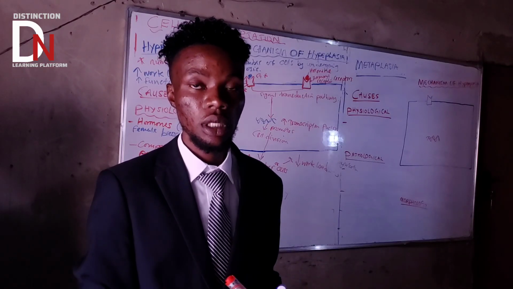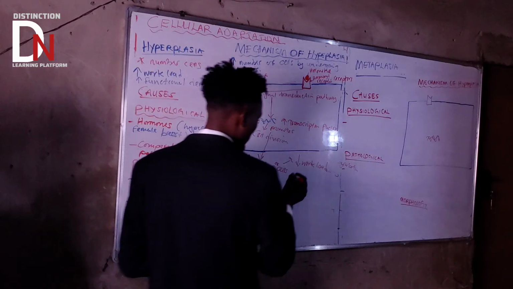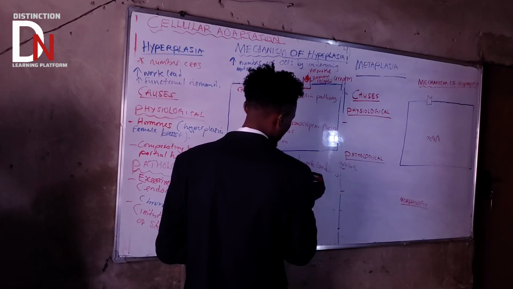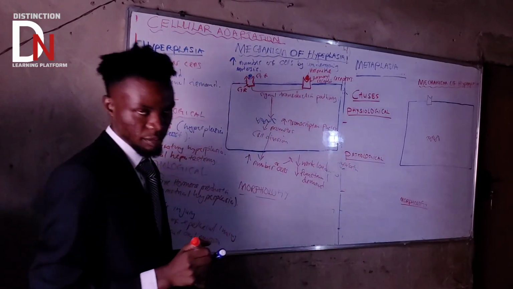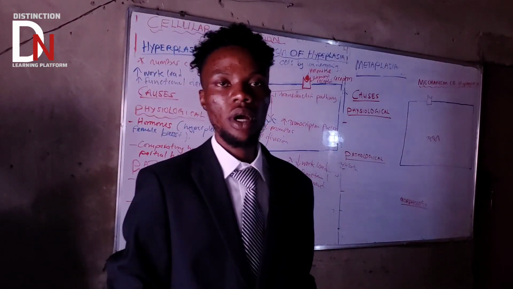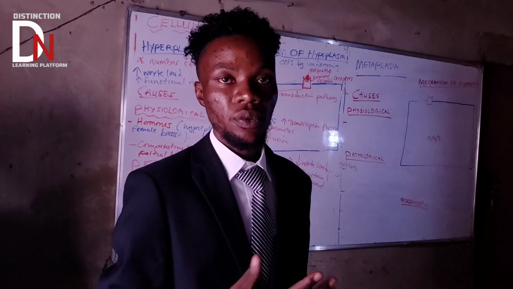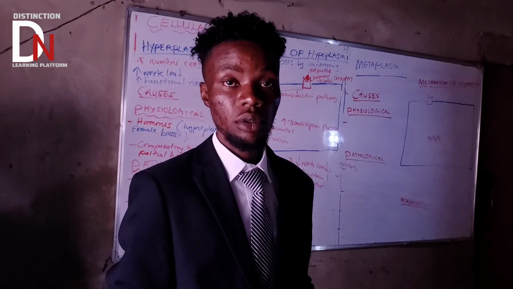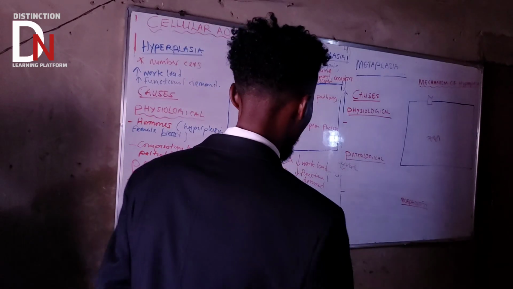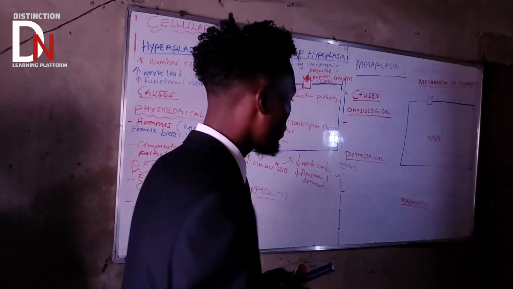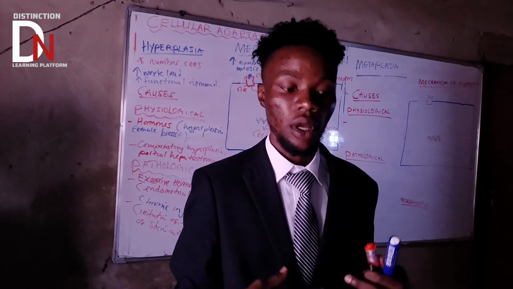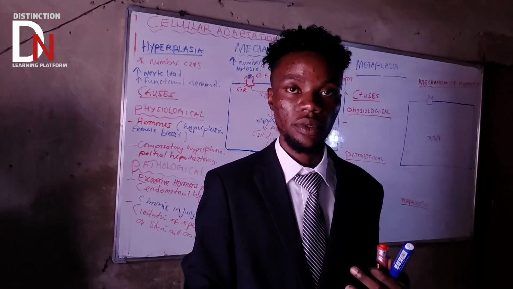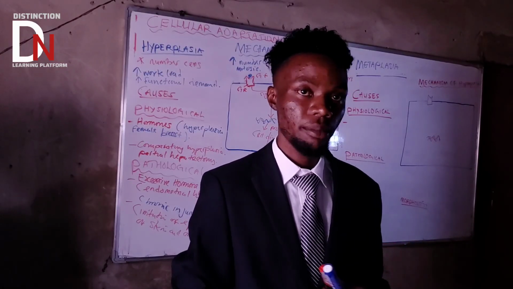What else? It's also going to decrease functional demand. Remember that functional demand is the amount of work or activity that is required of the cell to perform. So the functional demand is going to decrease, meaning that how much each cell has to perform decreases, because the cells are many in number.